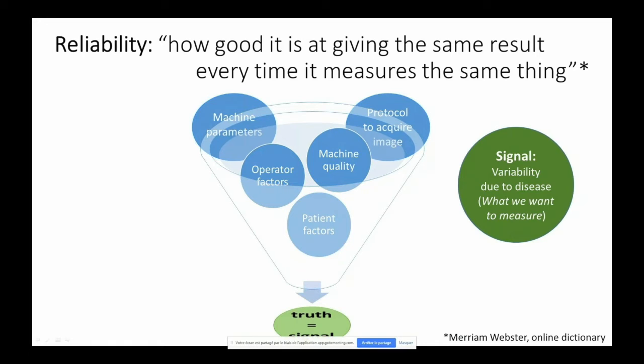The variability is due to the disease, we want to be able to measure different aspects of the disease, and we have to take into account all the sources of variability which may affect this measure. So the machine parameters, the machine quality, the protocol that we use for acquiring the images, the operator, so the training, but also some patient factors. For example, obesity or the possibility of not moving the legs, or whatever patient characteristics.